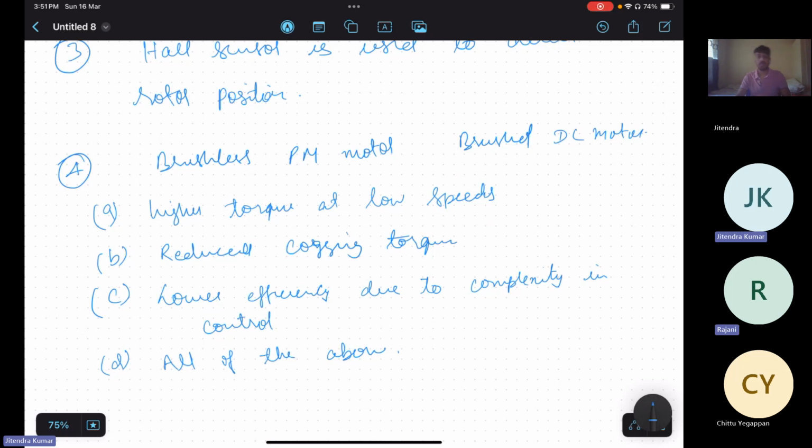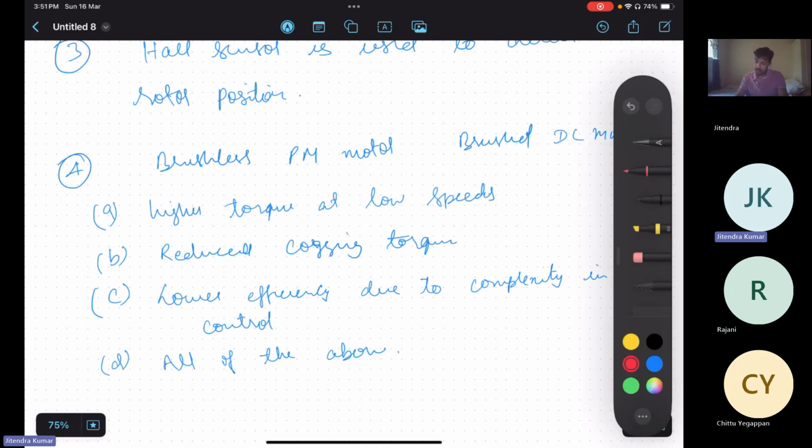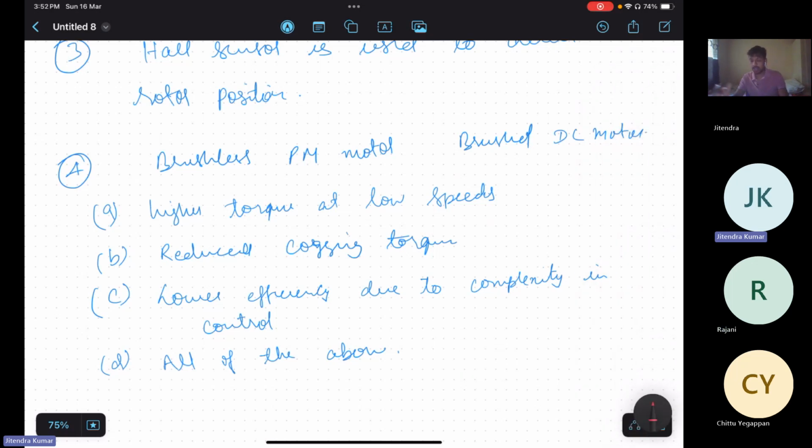Higher torque at lower speeds and reduced clogging torque. These two things only. But we have only one option to choose. And why do you say higher torque at lower speed? The reason, and also the reason behind clogging torque.